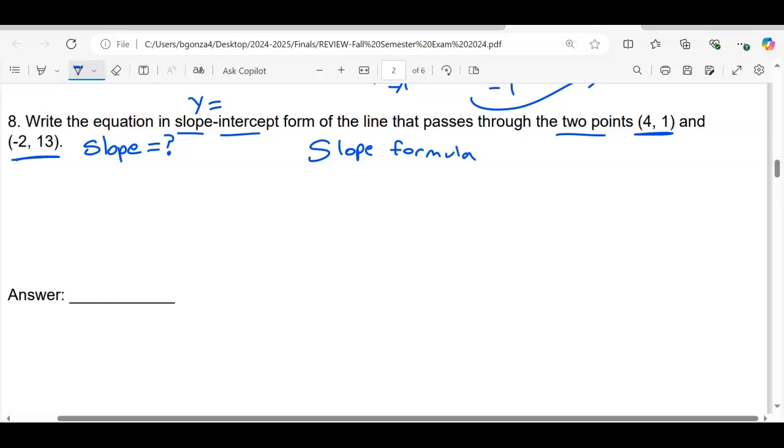Now, there's a way to do this the long way, slope formula, but I want you to remember there's the Desmos way. In Desmos, you can do a table and do y1 squiggle mx1 plus b, right? Make a little table.